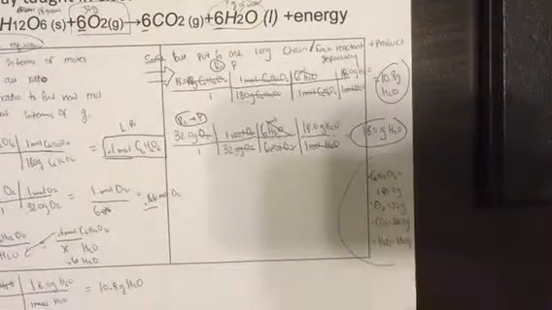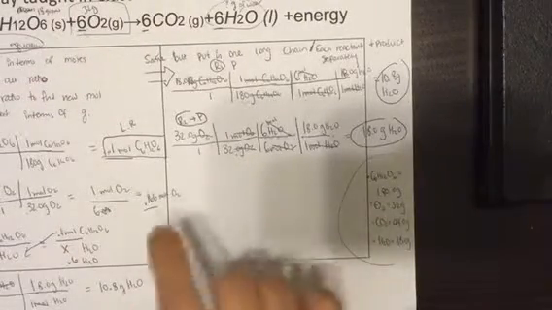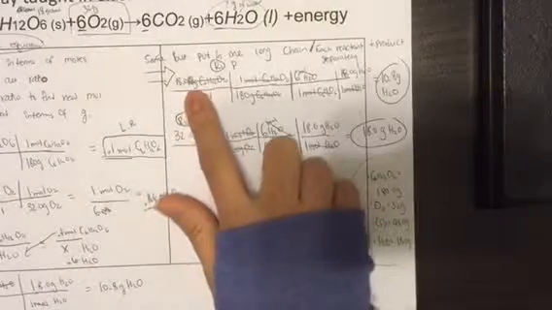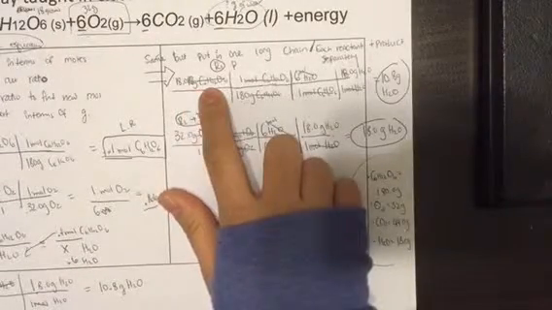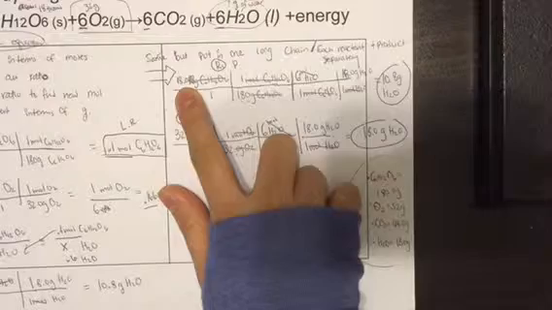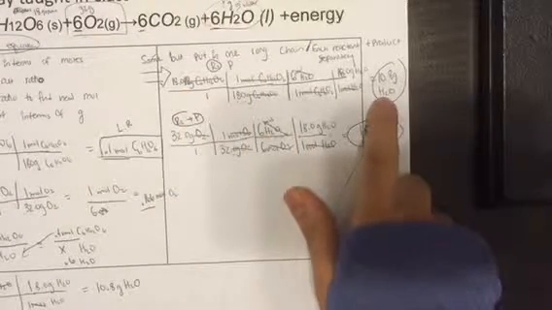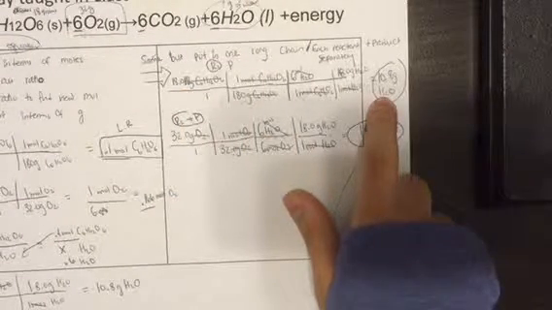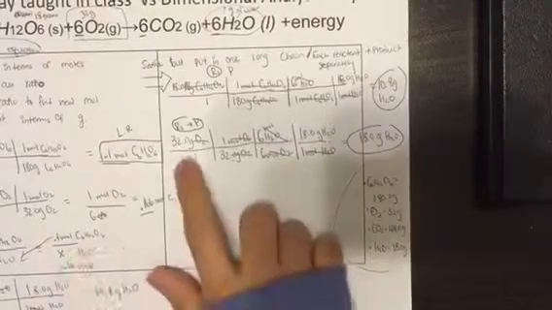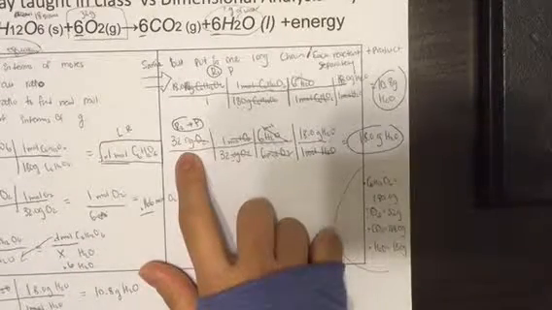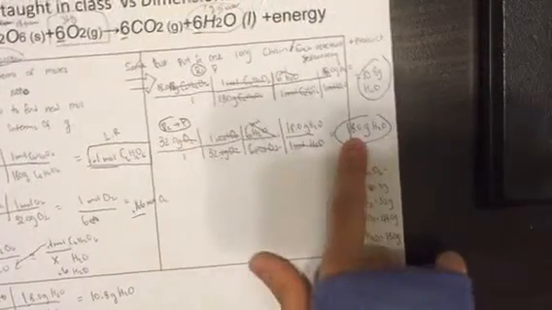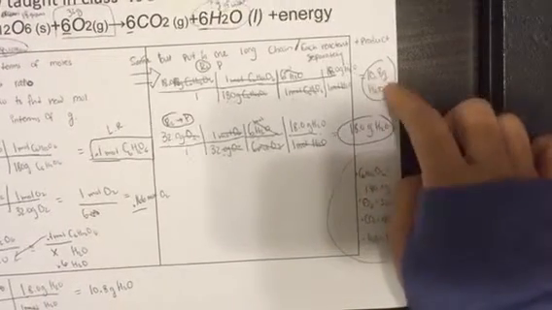So essentially, this is what your answers are telling you. If I say that the limiting reagent is glucose, and I had 18 grams of that to begin with, I can only make 10.8 grams of water. But if I told myself that oxygen is the limiting reagent, then I'm going to end up with 18 grams of water. Well, which is less? This is less, right?